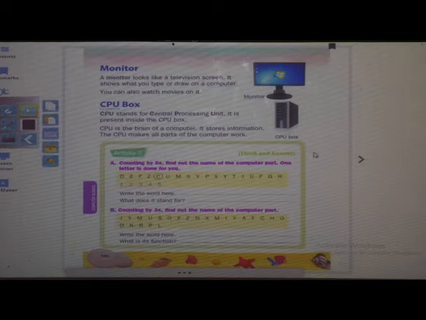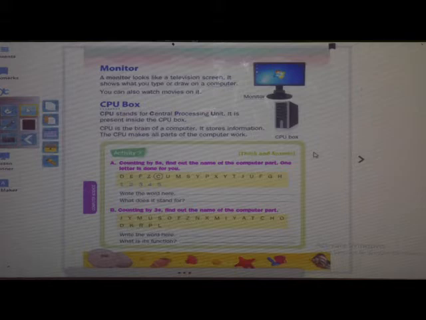Next is CPU box. What is CPU box? Do you remember what CPU stands for? Yes, anybody can tell me what CPU stands for? Yes, it is Central Processing Unit. It is present inside the CPU box. CPU is the brain of a computer.